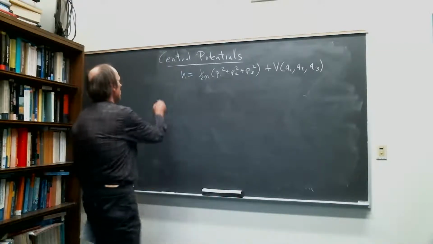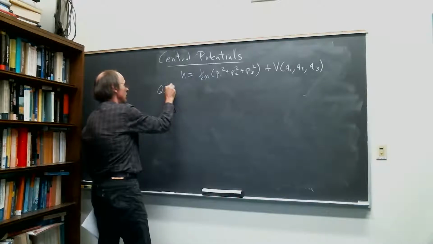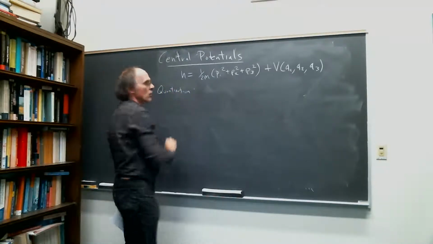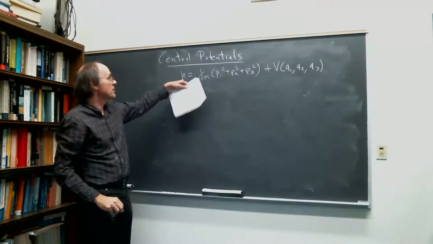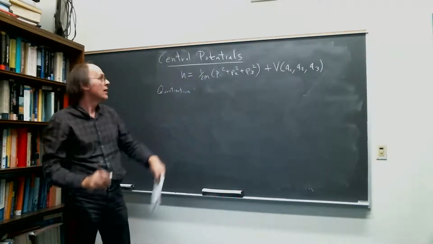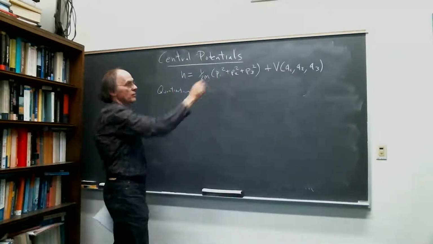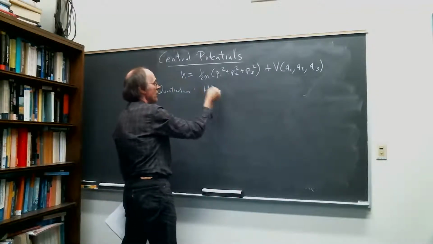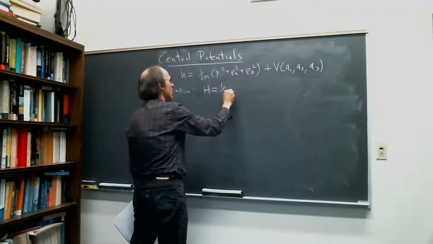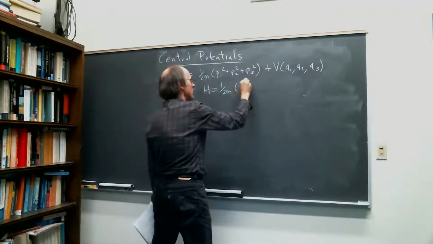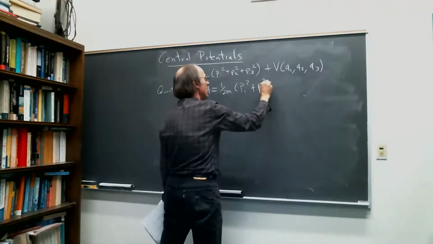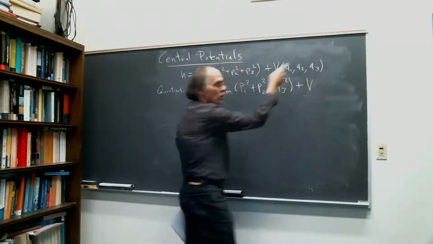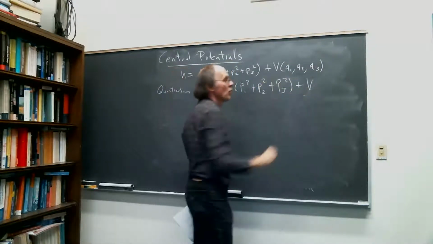Okay, and then quantization: when you quantize, you're just going to turn these things into operators, and there's no operator ordering problem here. So the Hamiltonian operator is 1/2m times p1 squared plus p2 squared plus p3 squared, plus whatever your function was of the q's.